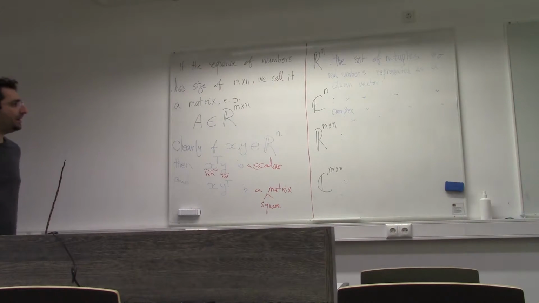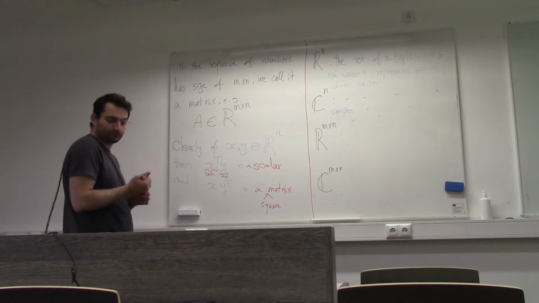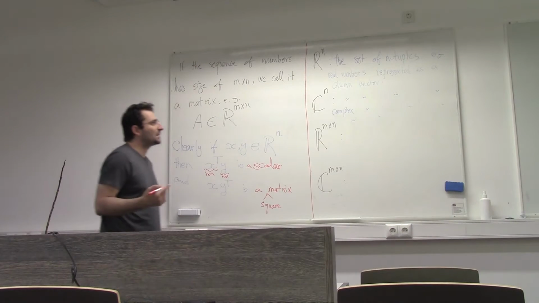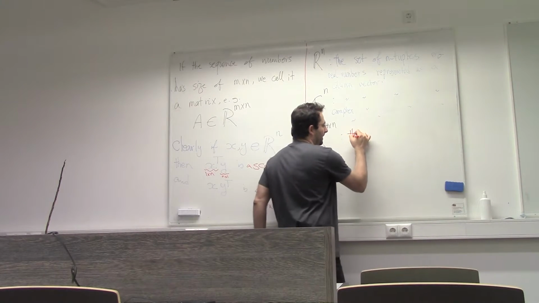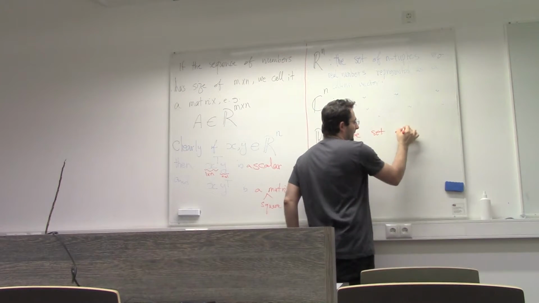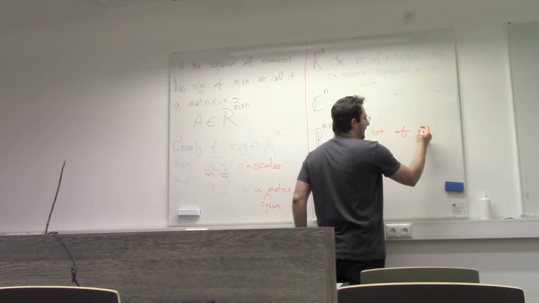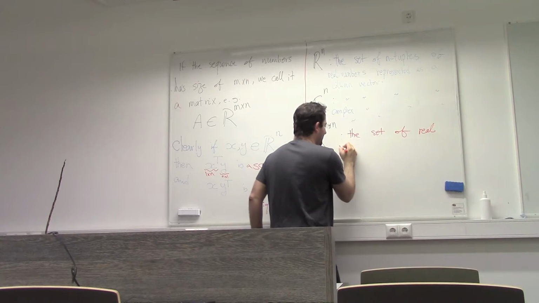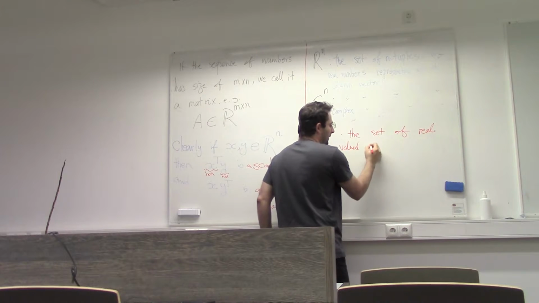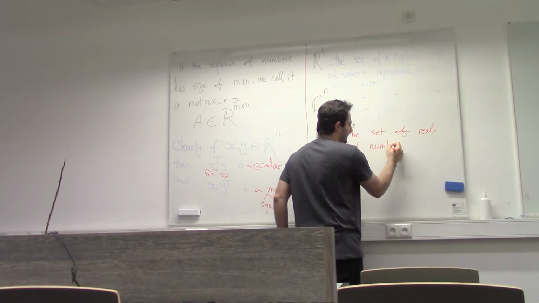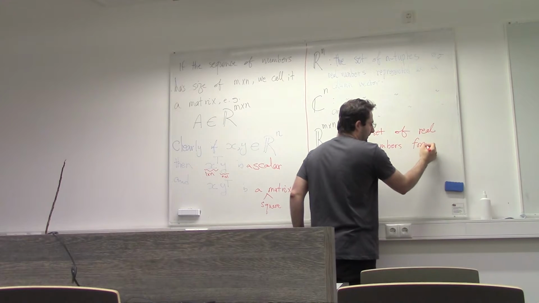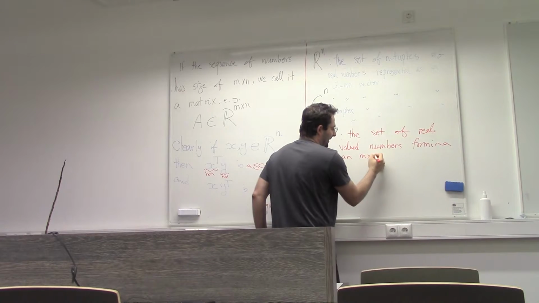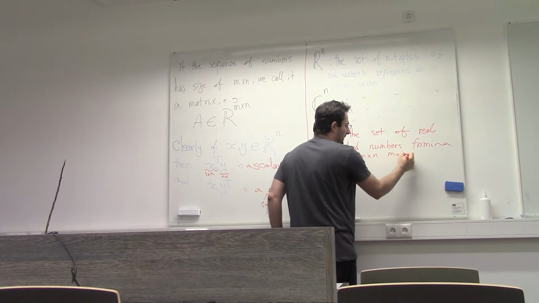And what about R^(m by n)? This is the set of real valued numbers forming an m by n matrix.